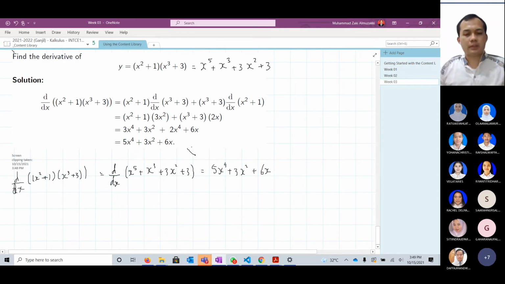So actually we have the same results. In this case, we can use the product rule, or we can also expand the function first and then find the derivative.